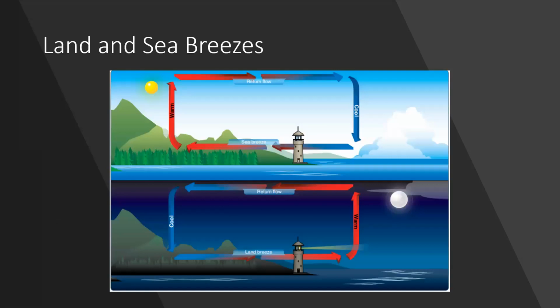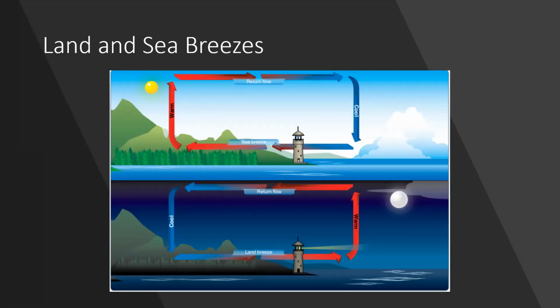So in this picture, you can see a depiction of a land and a sea breeze. Now, this type of convective current has a different name depending on which way it's going. So a sea breeze is when the sun heats up the land faster than it can heat up the water. And what that does is it causes warm air to rise, move over towards the cool water, and then it drops.